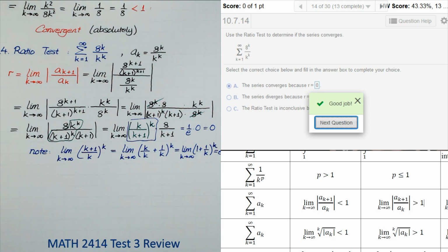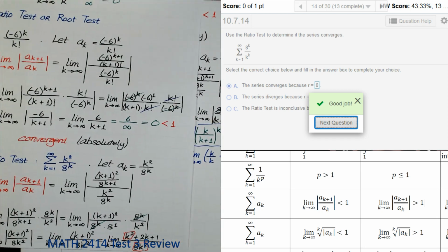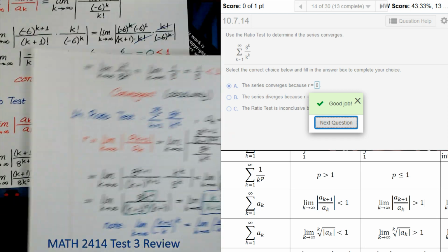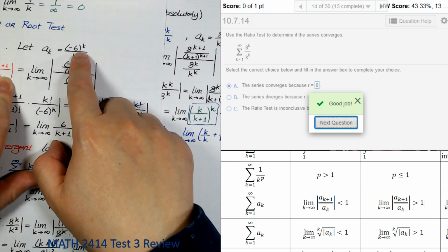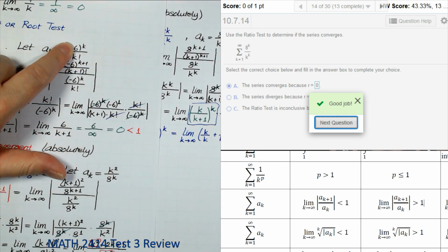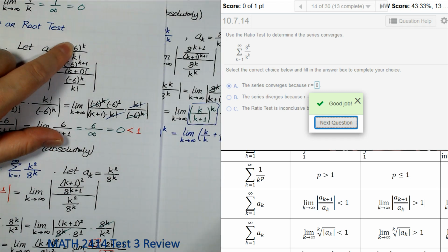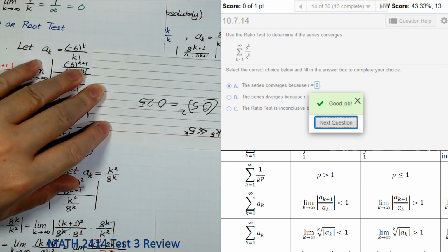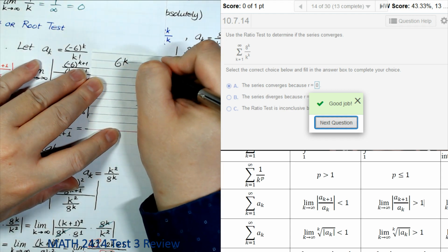Now, before we go on further, let's look at this problem real quick. The one with the absolute values will be 6 to the k. So let's just write this out without the absolute values. So we have 6 to the k over k factorial.